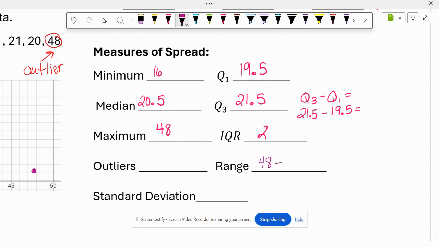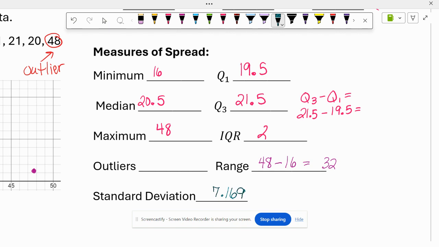What's my smallest number? What is 48 minus 16? 32. Standard deviation. Did you guys get your standard deviation number? 7.62. Is that what you said? Sorry, I gotcha. Okay.